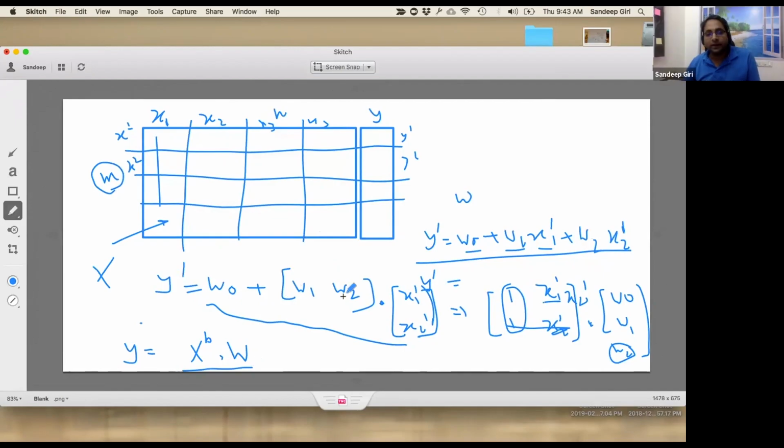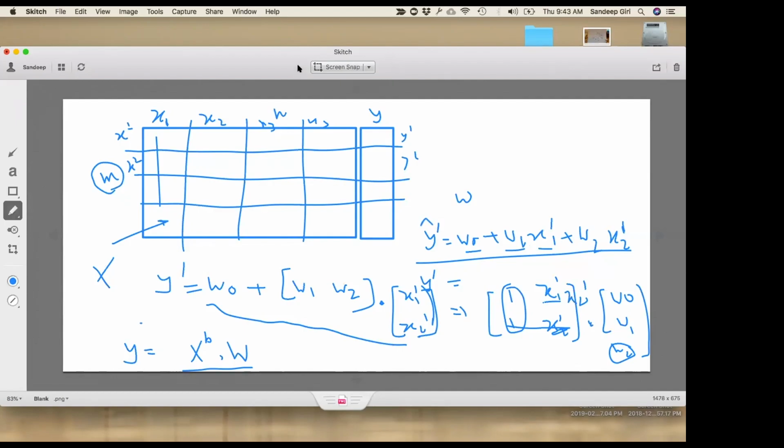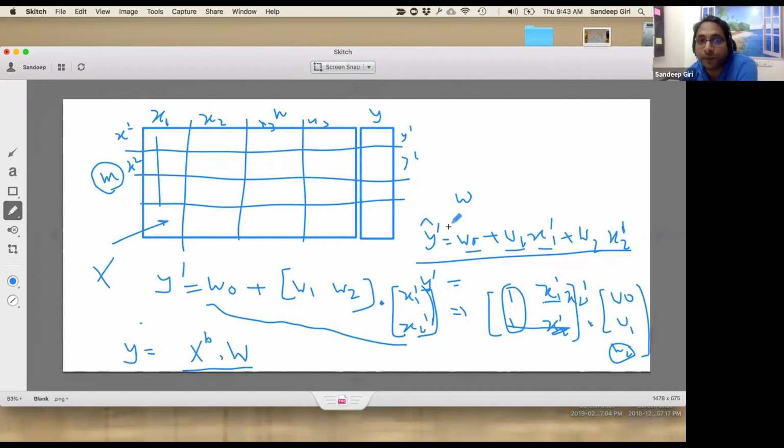Now, if we move ahead, this is our predicted value. This is not really the actual value. The actual value would be different because not everything is a linear regression, or it's not perfect linear regression. So here this is our predicted value, right?